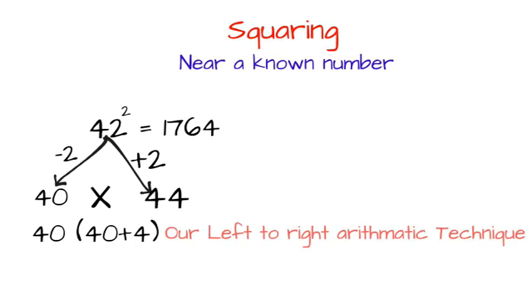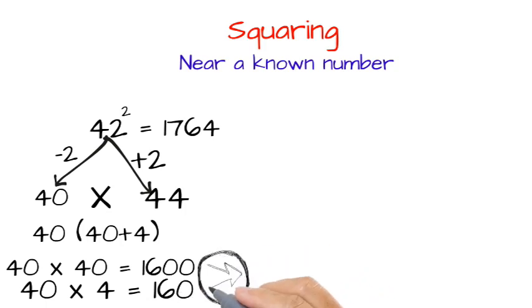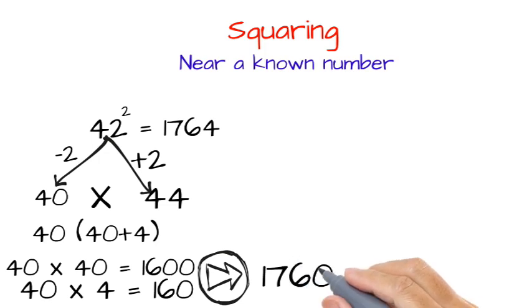For multiplying these, we use the previous technique, 40 times 40 plus 4. So 40 times 40 is equal to 1600, and 40 times 4 is equal to 160. So then we add the numbers together as in our previous technique, 1760.